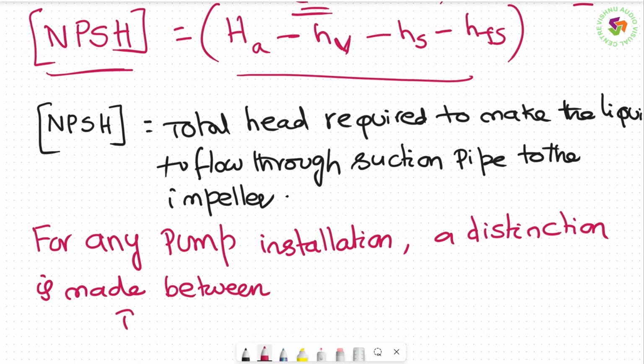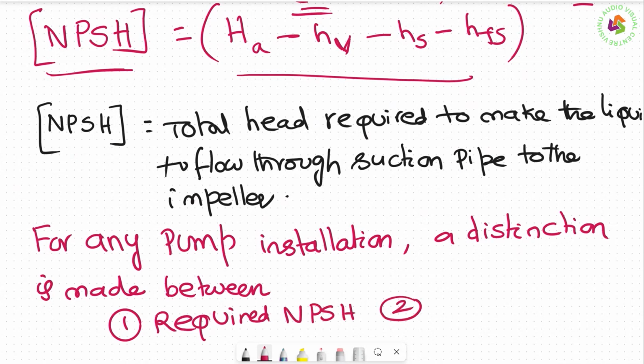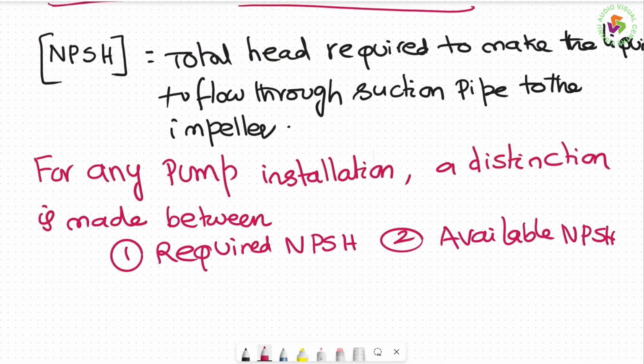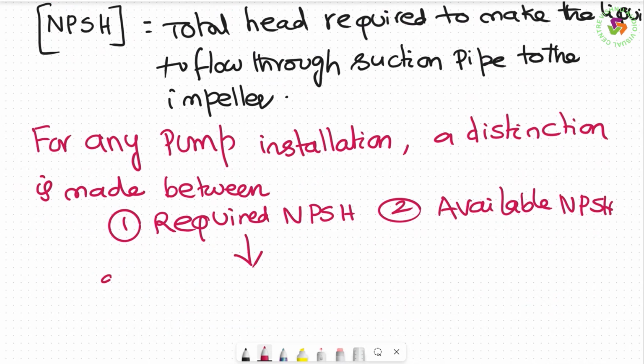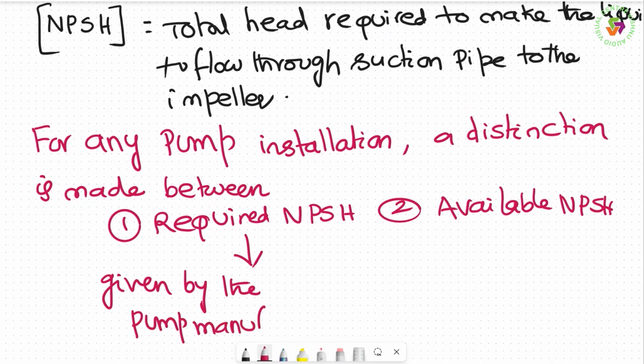Number one is the required NPSH, and number two is the available NPSH. The required NPSH will be given by the pump manufacturer, and the available NPSH is determined by experiment.